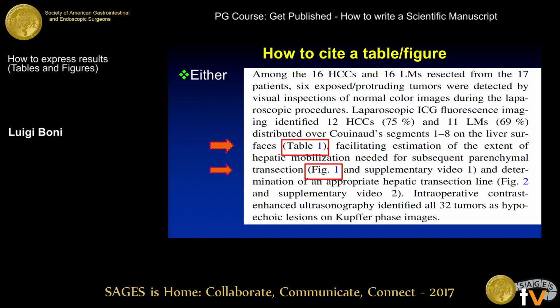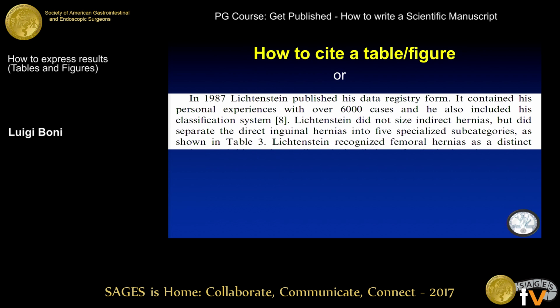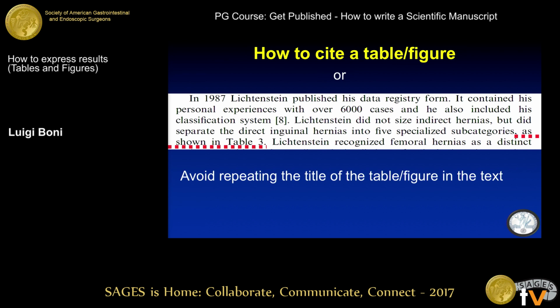Fig 1 doesn't really need an explanation because it's common knowledge. Otherwise, you give too much information to the reader. You can also say, instead of quoting in brackets, as shown in the table. So it can be part of the text, but it has to be chronological and has to be numbered, even if there is one single item.